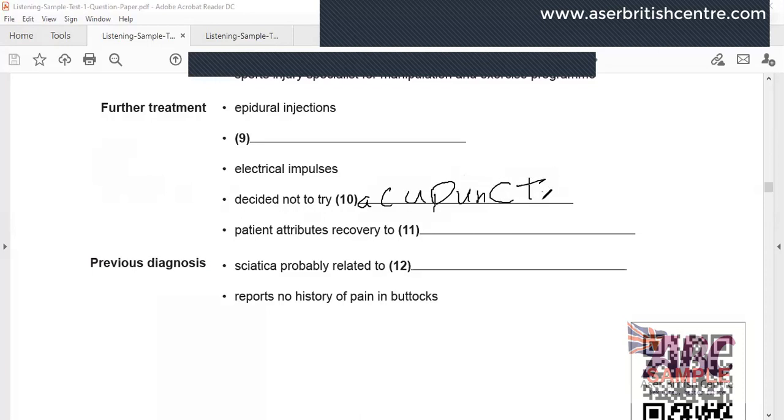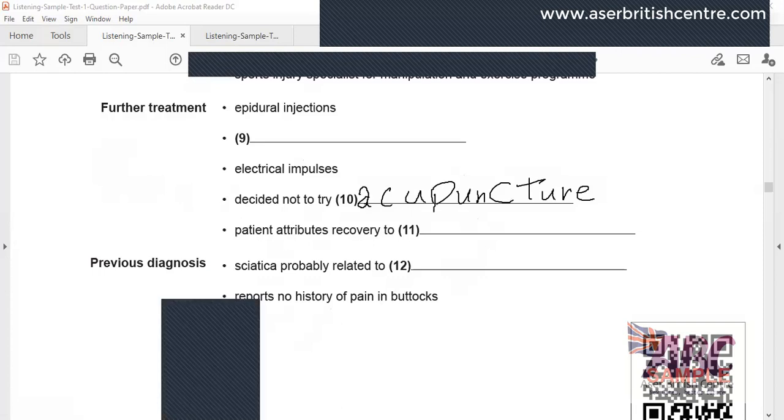I added an E after the U, so it will be wrong for me. Things were beginning to take effect and the symptoms were subsiding, so I gave it a miss.